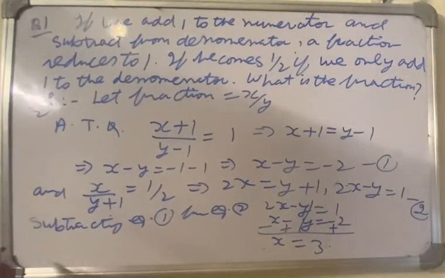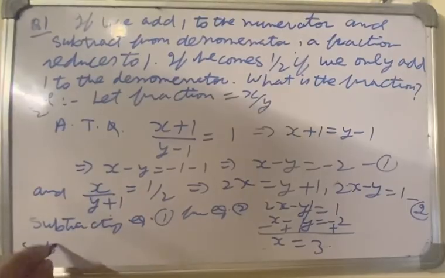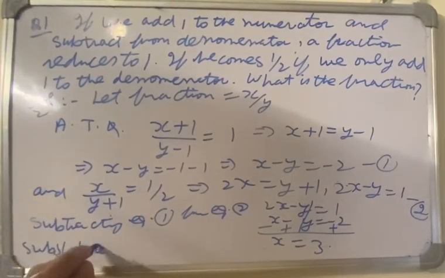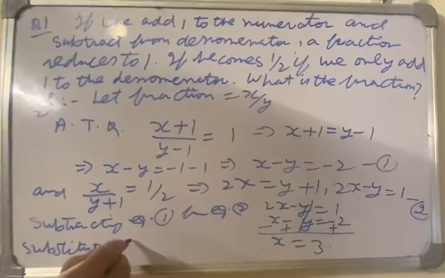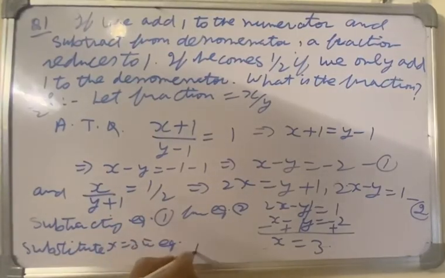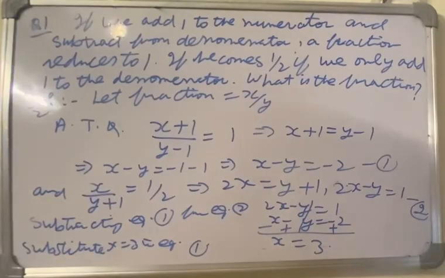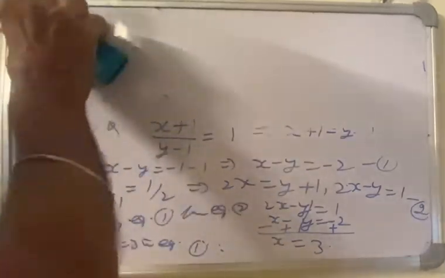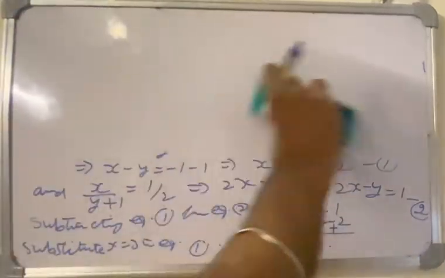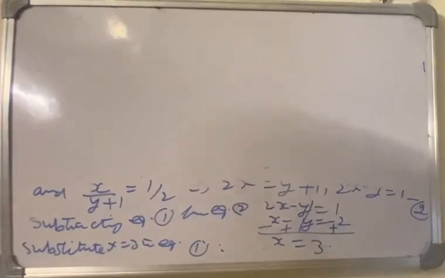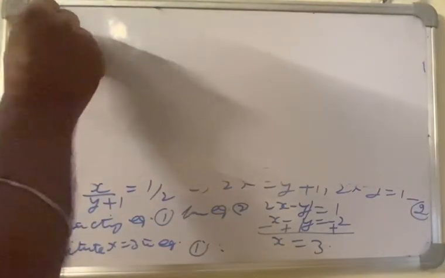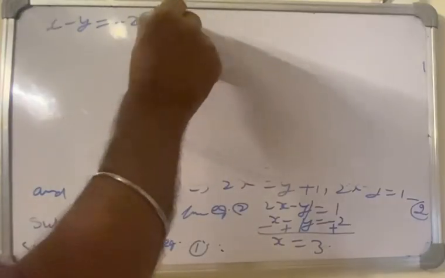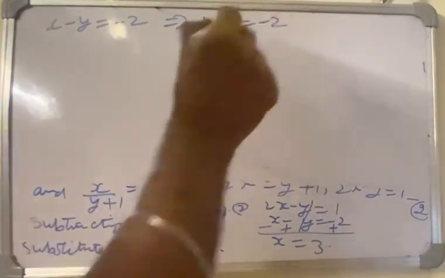x is 3. Then substitute x is equal to 3 in equation 1. Substituting, we shall get x minus y is equal to minus 2, so 3 minus y is equal to minus 2.